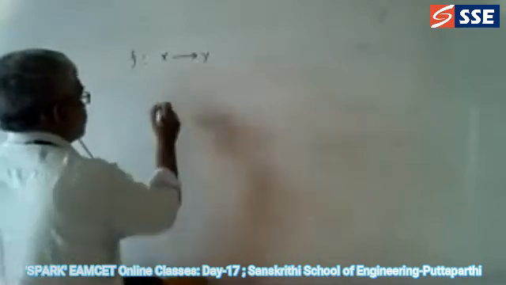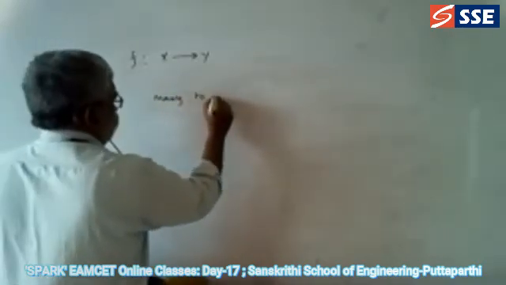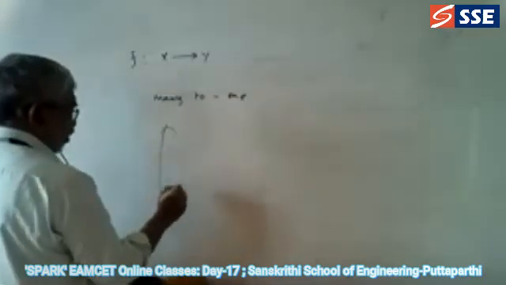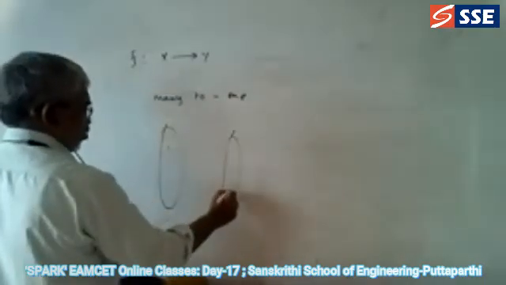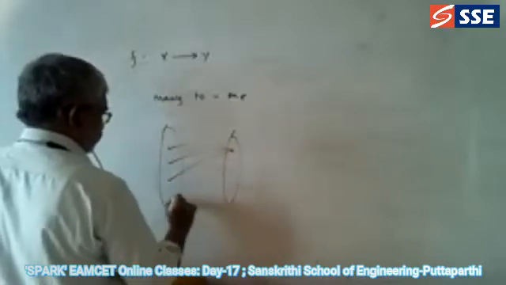Many to one function. So nothing but 1, 2, 3, 4, A, B, C. Now this is a many to one function.